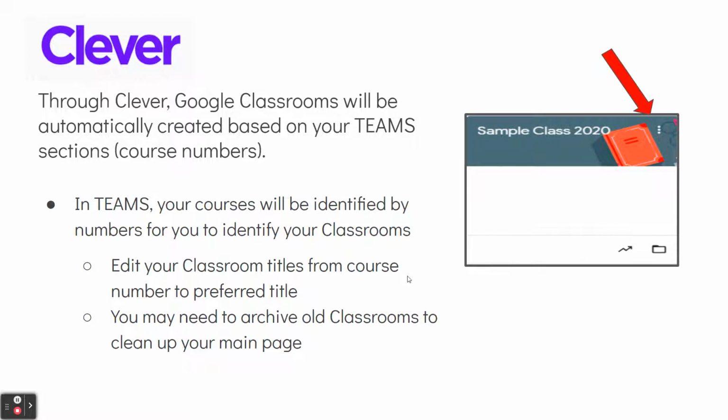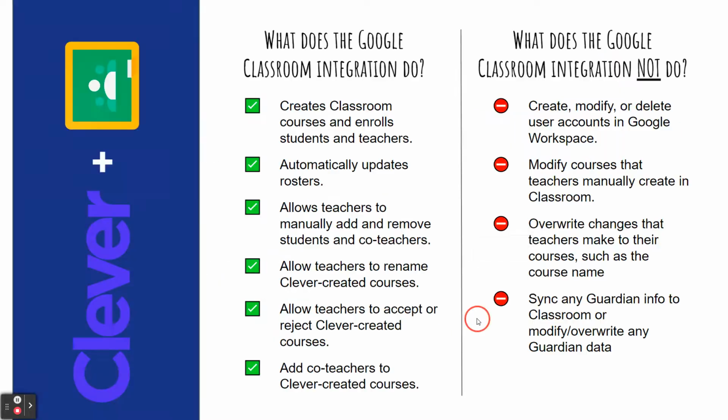You will be able to edit anything in that classroom. You can edit the title, you can change your images, the banners, you can add co-teachers, you can modify these classrooms how you would normally. The only difference is it will automatically roster from Teams.